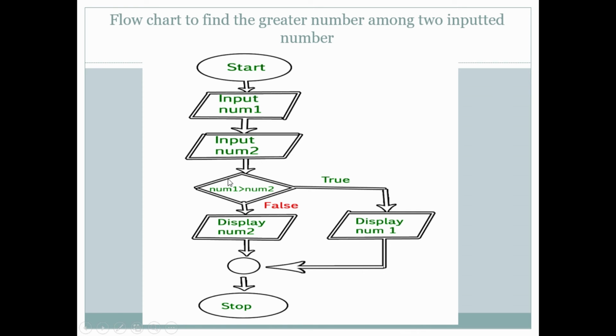Using the diamond shape I check if num1 is greater than num2, and if it is true I will display that num1 is greater, and if it is false I will display that num2 is greater. Obviously if num1 is not greater, num2 is greater. I use the circle here to connect, and at last I stop my program.